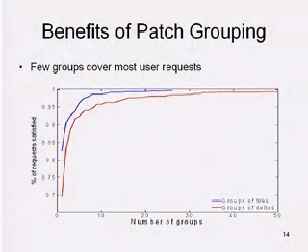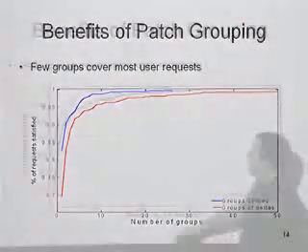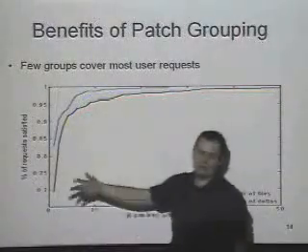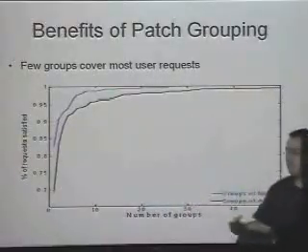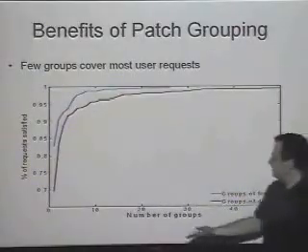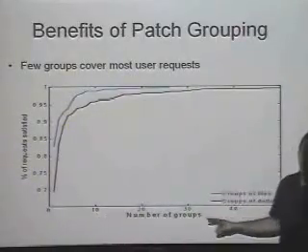Yes. Yeah, it's a good one. So if you look at the percentage fraction of users covered by these groups. What this graph shows, ignore the red line. This is looking at deltas, and the blue one corresponds to looking at files, as the previous slide was. This is just the number of groups, and they are ordered.